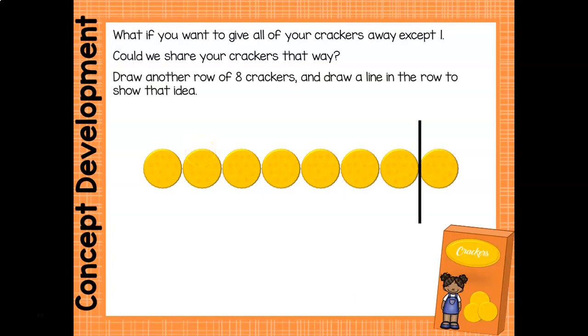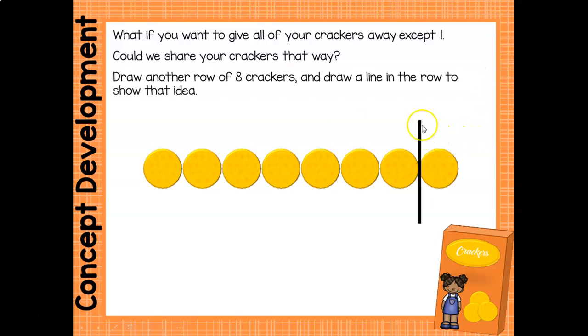Okay, now here is what I want you to do. I want you to practice on your own for this question. So, what we're going to do is look at the picture. We are going to pretend that another friend came over, and we gave all of our crackers away, but we wanted to keep one for ourselves.